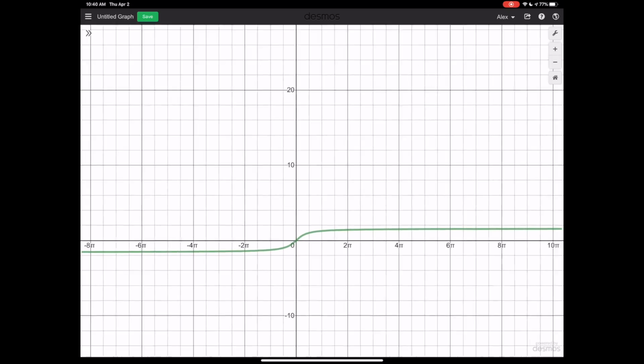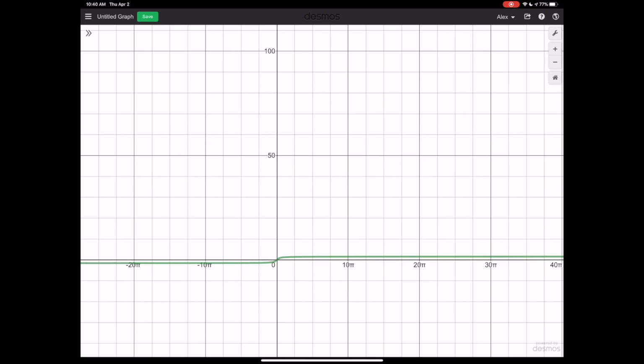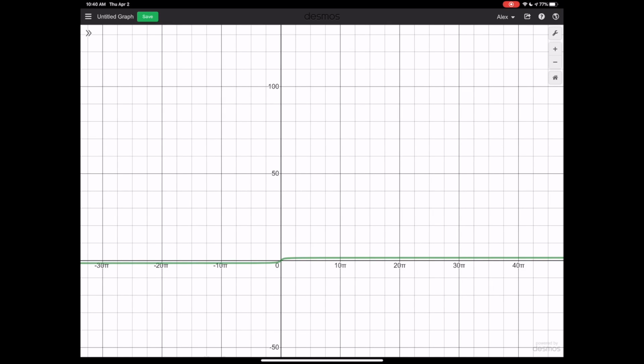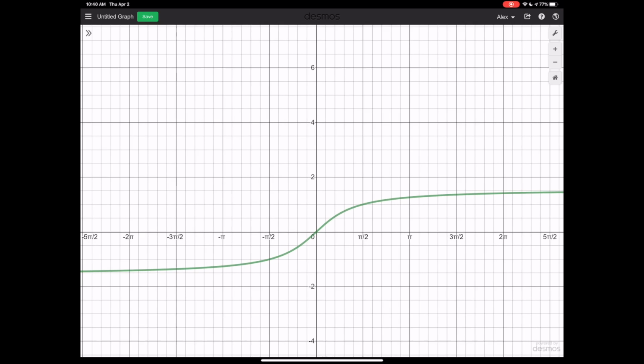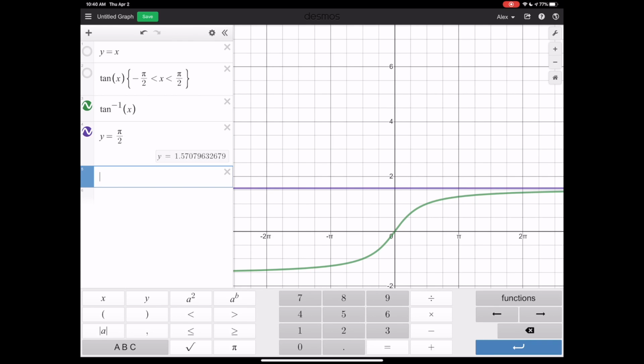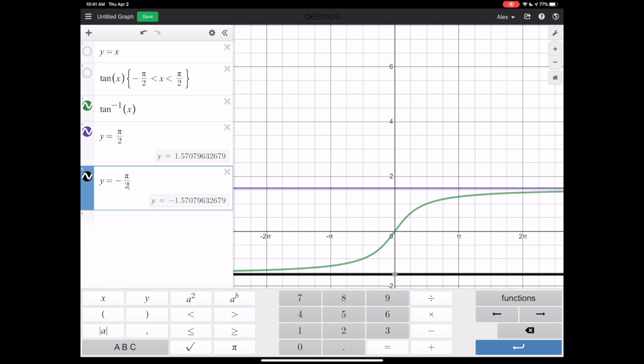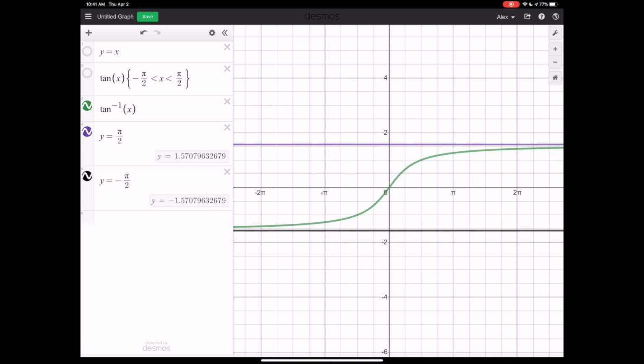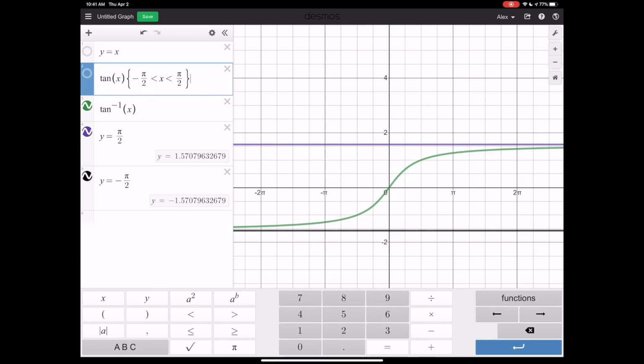In other words, the graph starts flattening out and flattening out, and it never actually gets past 2 values, specifically the horizontal line of pi over 2, and it never falls below negative pi over 2. Well, why is that? Well, it's due to the restrictions that we chose for tangent, right? Remember, my restrictions were x is negative pi over 2 to pi over 2. So when I do its inverse, this is going to restrict my y values, right?